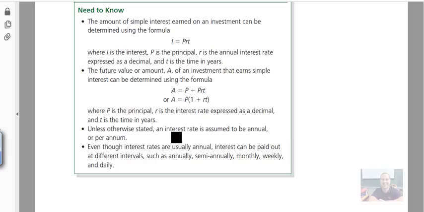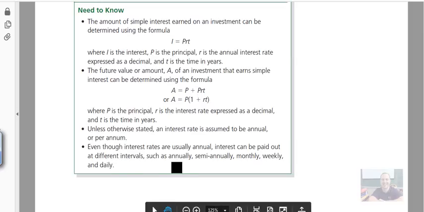Unless otherwise stated, the interest is always assumed to be annual. Another way to say annual is per annum. That's another way to say every year. Interest can, however, be paid out at different intervals, such as semi-annually, that's twice a year, or 12 times a year, 52 times a year, and 365 times a year.